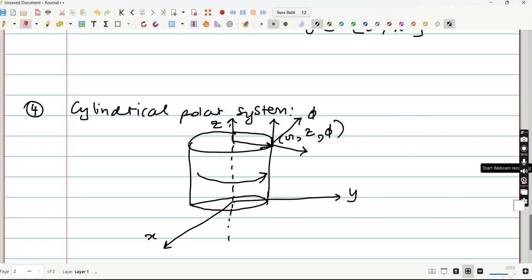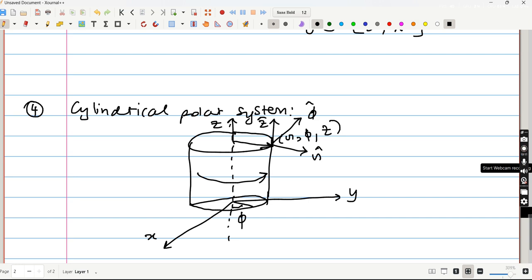So the notation is r, phi, z. So this is r cap, z cap, and phi cap. And this is your angle phi.